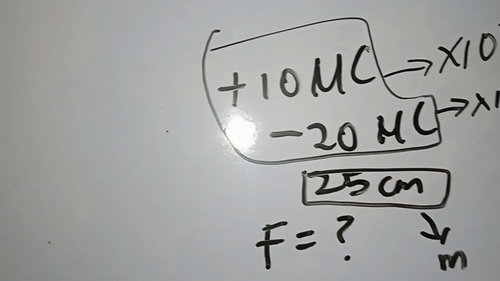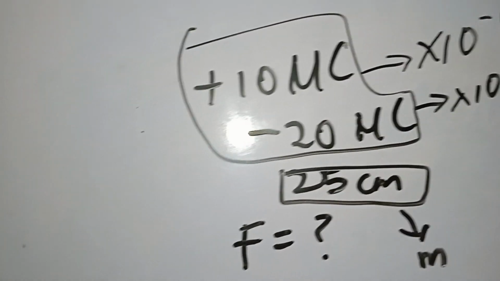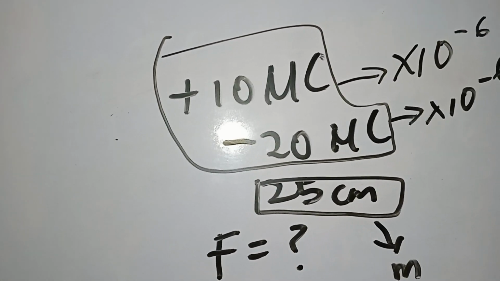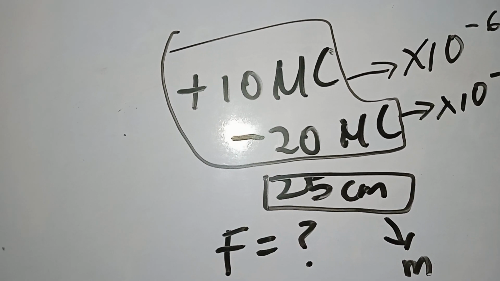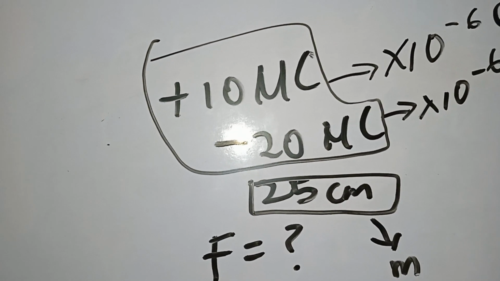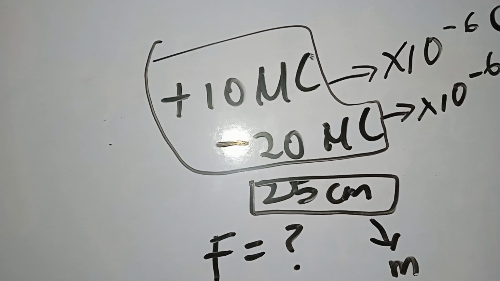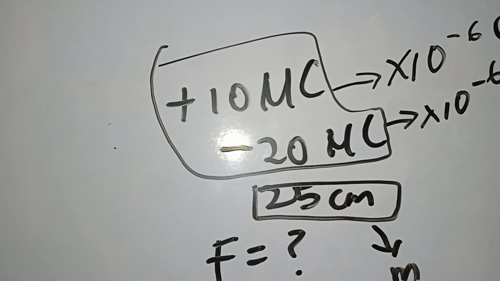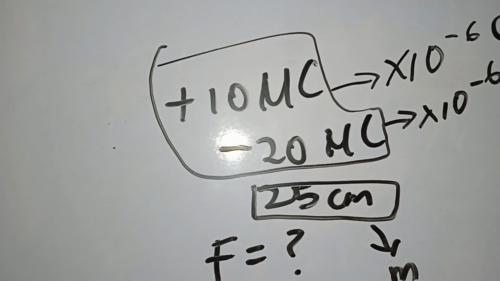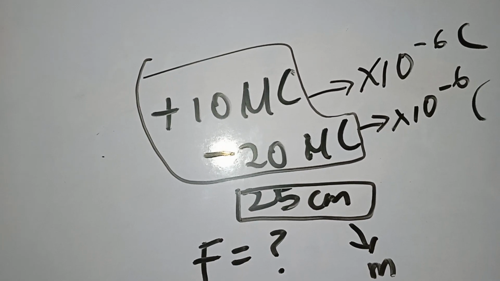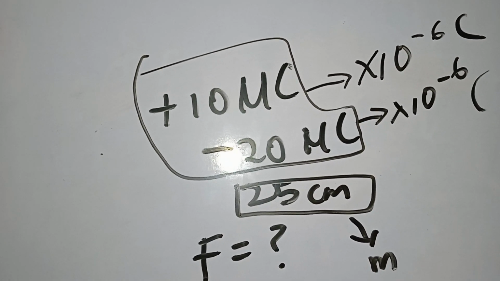But if you want to convert it to coulomb, just multiply with 10 raised to power minus 6, a millionth. Negative a millionth. So once you know this, let's work.